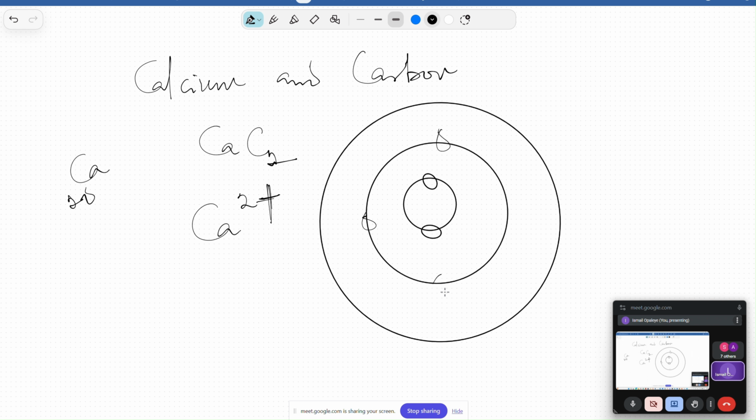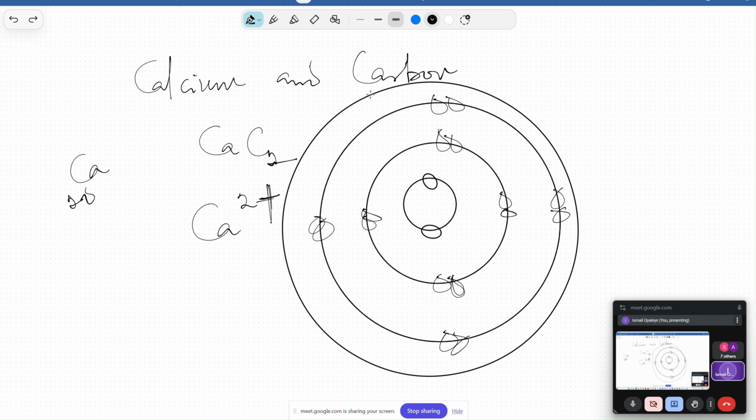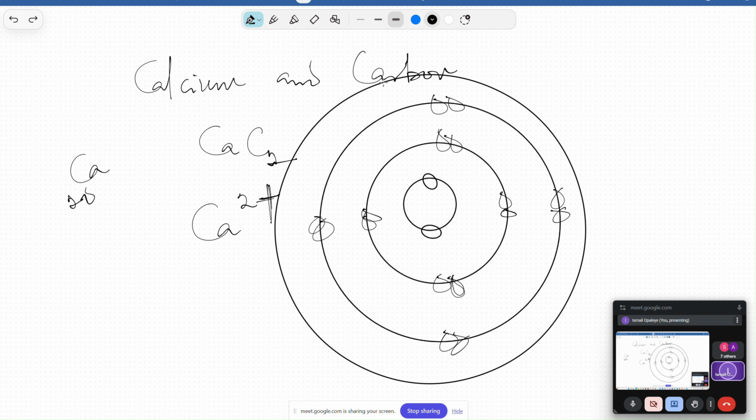You have four, 5, 6, 7, 8, 9, 10. We are arranging the electrons. 11, 12, 13, 14, 15, 16, 17, 18, and then I need to add one more, 19, and then 20.